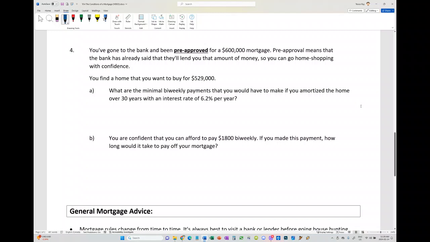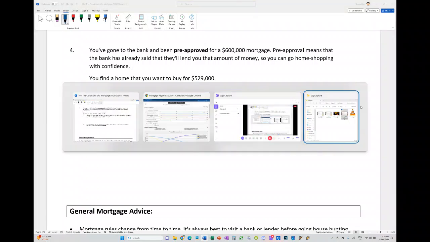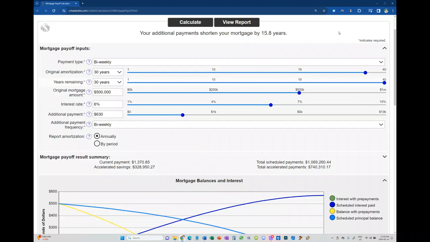Okay, so we find a home that's 529,000 and we want to figure out what our minimal biweekly payments will be amortized over 30 years at just 6.2% per year. Okay, so we're going to just switch over to there and let's make our little changes. So we're doing biweekly payments, still 30 years.